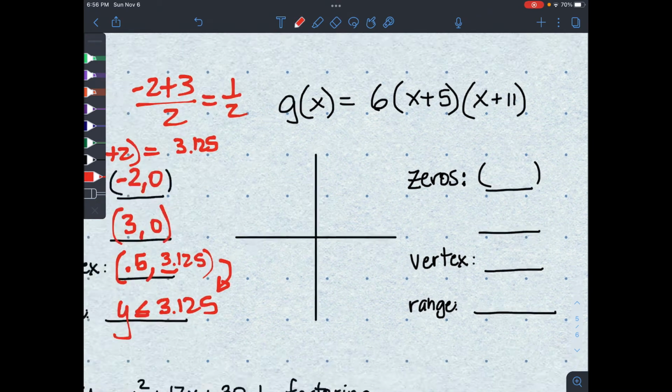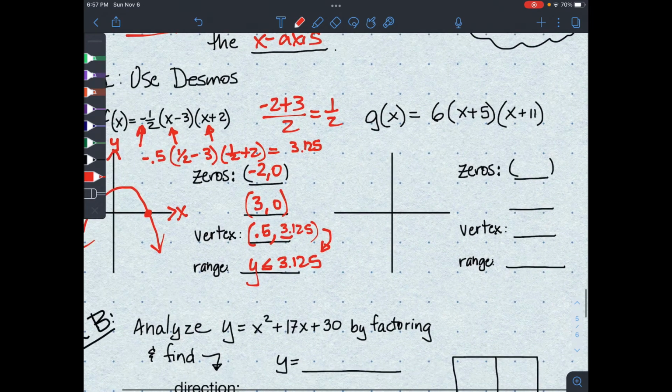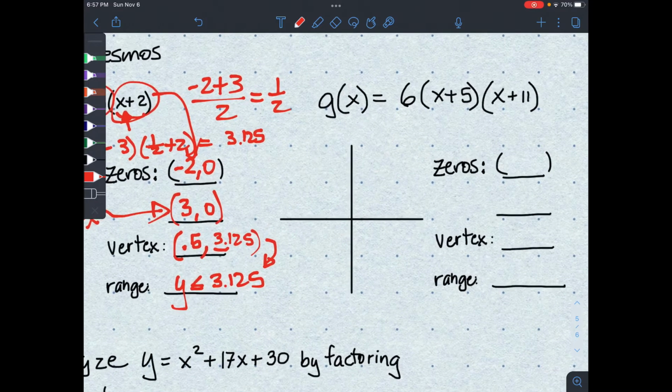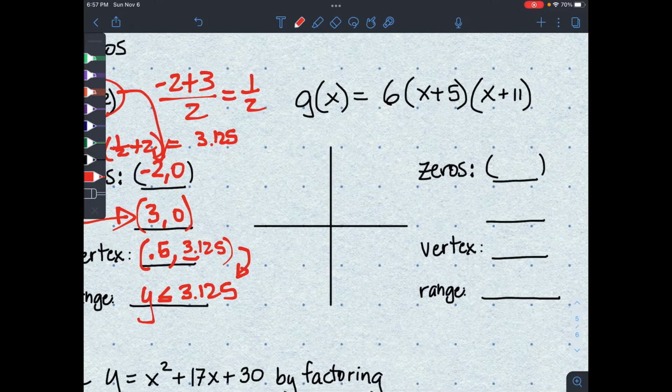We can see that here we had a 0 of negative 2, and here we had a 0 of positive 3. Do you see that? So our zeros in this case will be negative 5, because it's the opposite of what we see, and negative 11, so negative 11 comma 0.